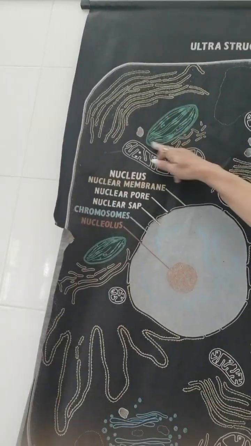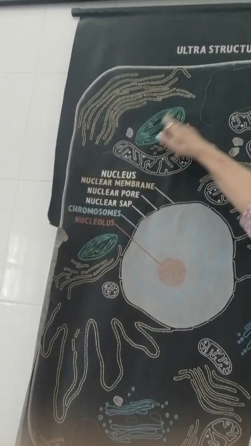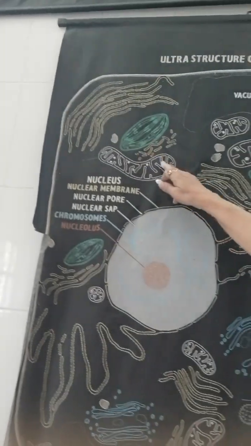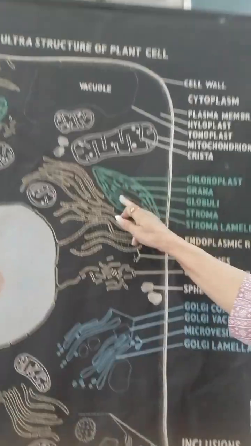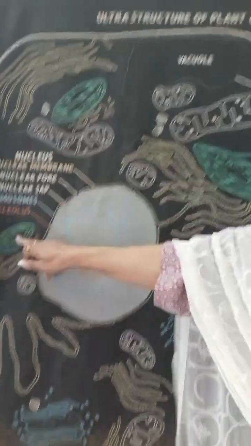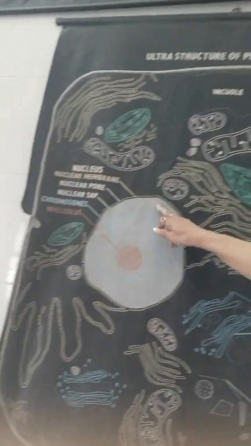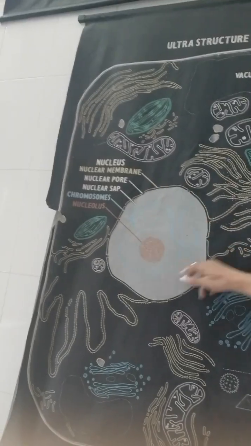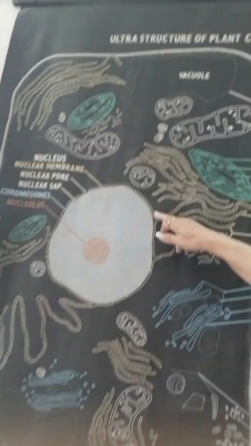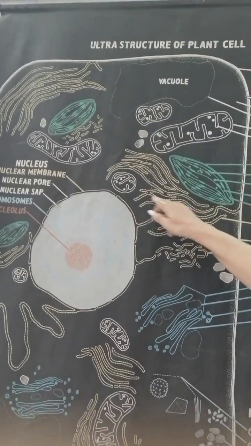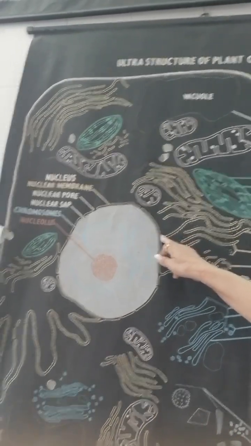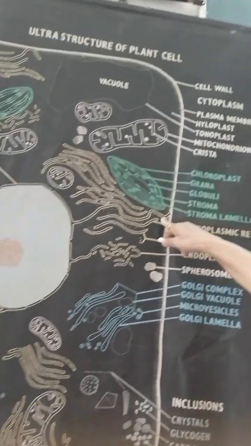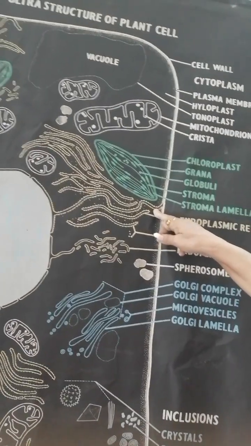These are green colored plastids called chloroplasts, and these are mitochondria. There are a number of chloroplasts or plastids present, and this is the structure of the nuclear membrane. It has these tubular structures attached to the outer membrane of the nucleus on one side, and on the other side attached to the plasma membrane.